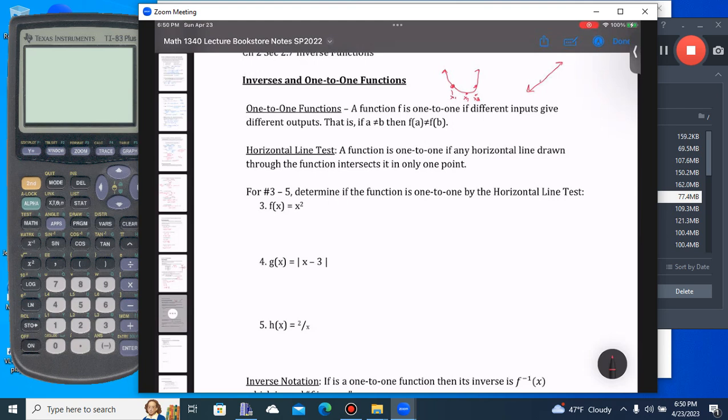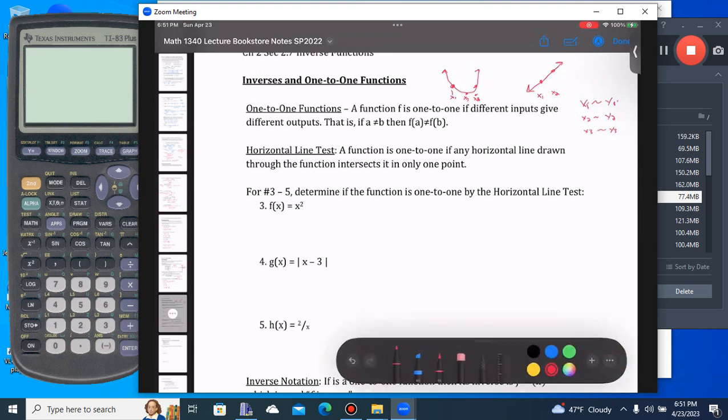In a linear line, every y value is going to be different. What it means to be one-to-one is every x has a specific y value. So x1 goes to y1, x2 goes to y2, x3 goes to y3. You have no y's that repeat.